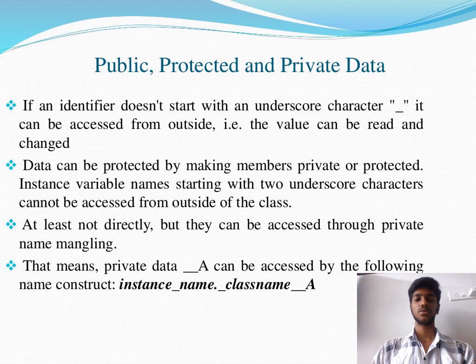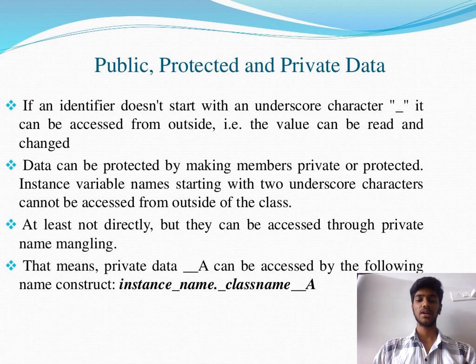Data can be protected by making members private or protected. Instance variable names starting with two underscore characters cannot be accessed from outside of the class, at least not directly, but they can be accessed through private name mangling.